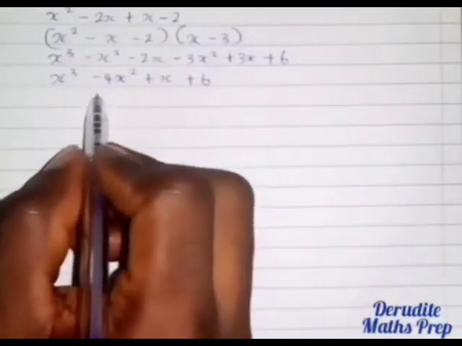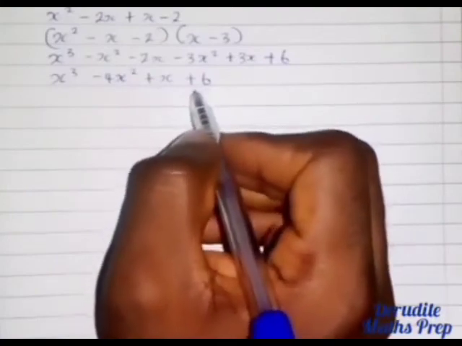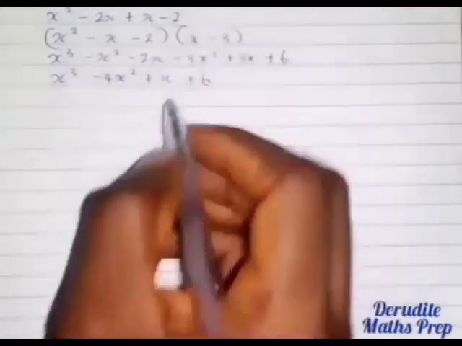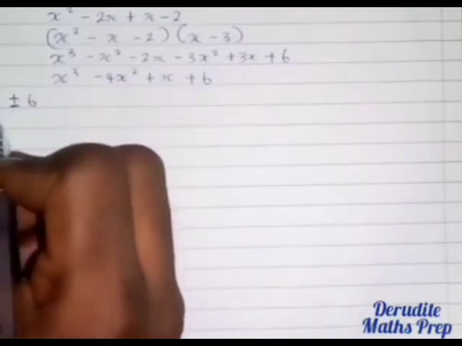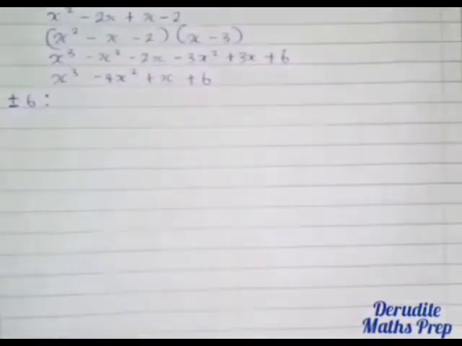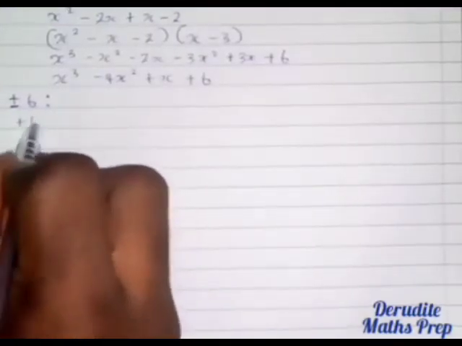So we can see that we've gotten the original question that we were given, meaning the roots that we got were correct. If we test for other values like plus or minus 6, we can see that this will not be a root or a factor. Let's just try. So put plus 6 first.